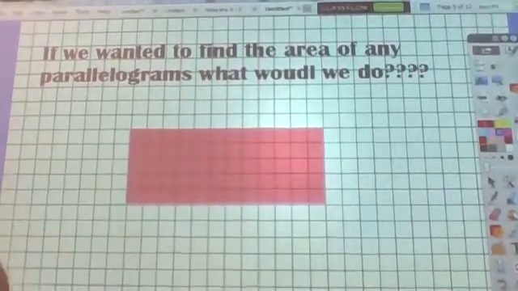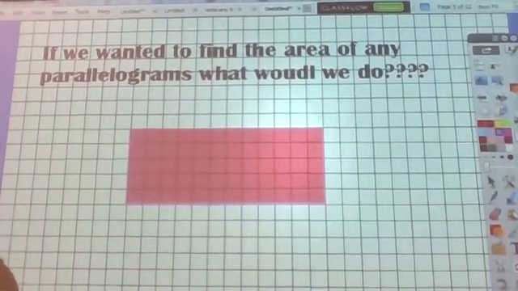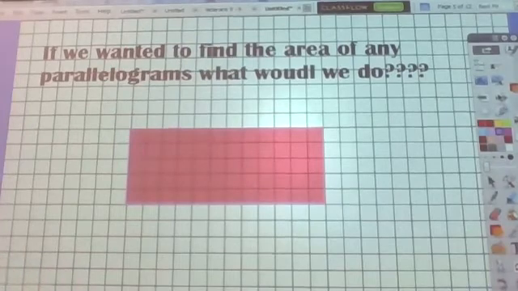So there are 60 squares inside of there, but how many people actually do that? Nobody, right? Maybe when you were in 3rd grade, 2nd grade, but not now.